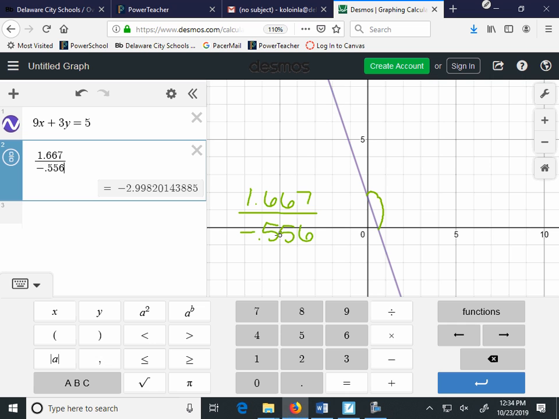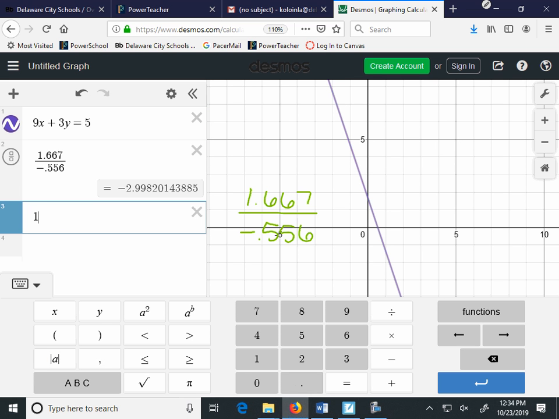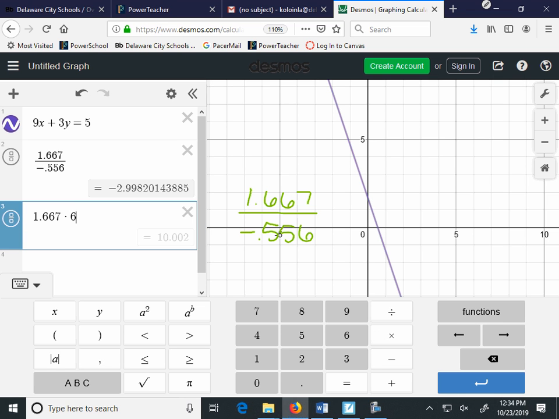If you round that, that's about what? Negative 3, right? That was the slope when we solved. To get your new y-intercept, you just click it on the graph. Well, my y-intercept is 1.667, and I multiply it by the scale factor, which is 6, and that's roughly what?